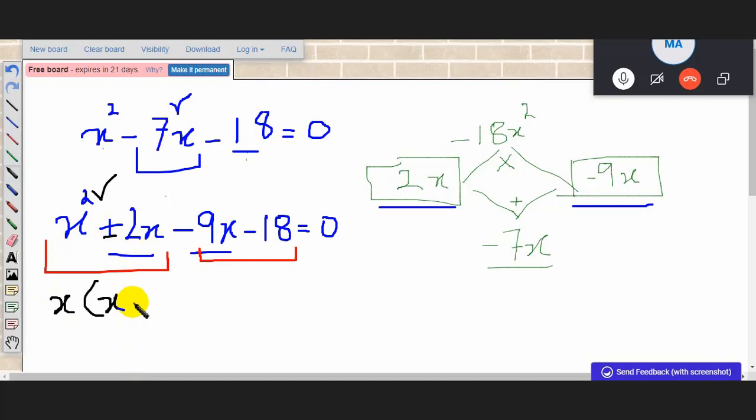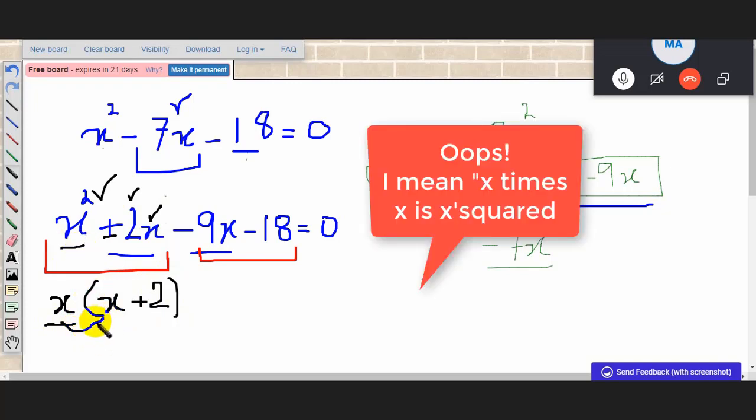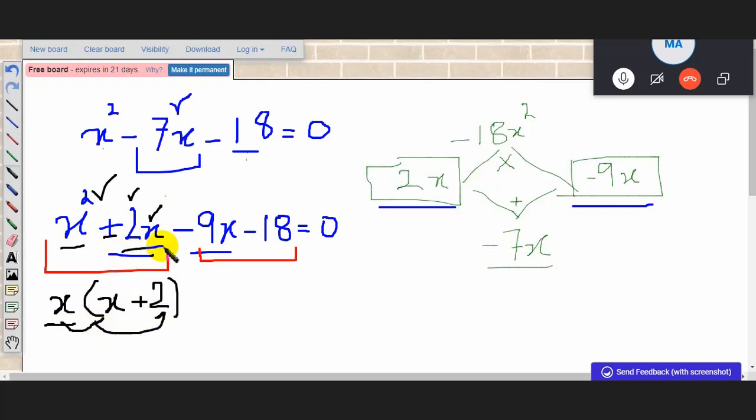And then plus, there is x with 2 again, so we took out one x here, and just 2 is left. And it's perfectly factorized now. If we multiply this x again with x squared, we get x squared, and if we multiply this x with 2, we get 2x. So the factors are correct.